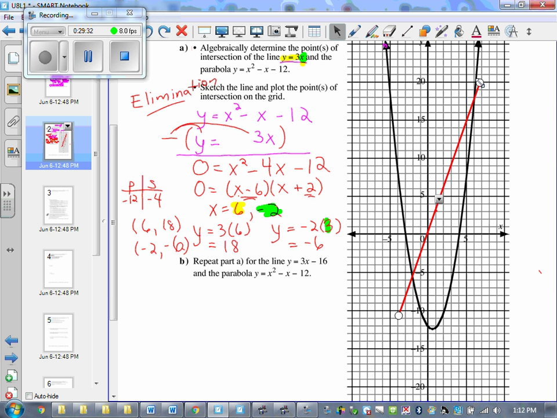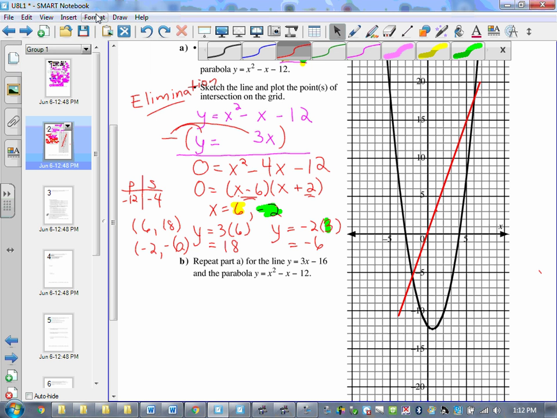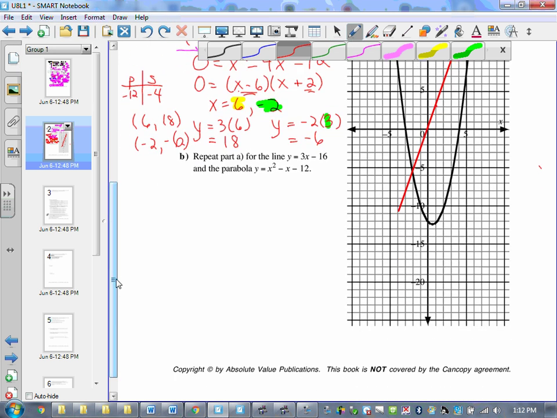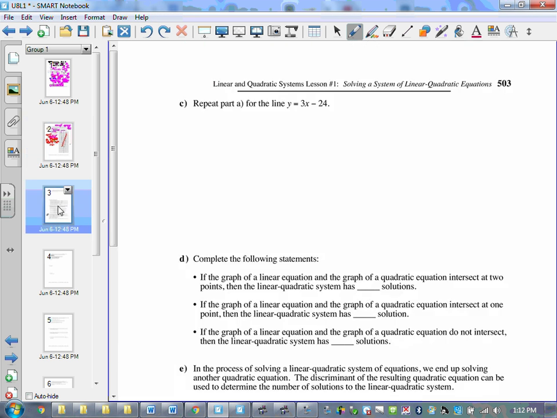Yeah? Okay, I'm going to skip this next one. This next one will show a tangent solution. We could solve it graphically, but we'll go to the last case, where we have our line y equals 3x minus 24, because this is also good review.